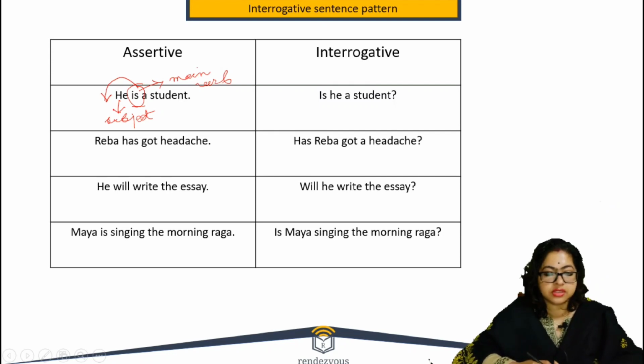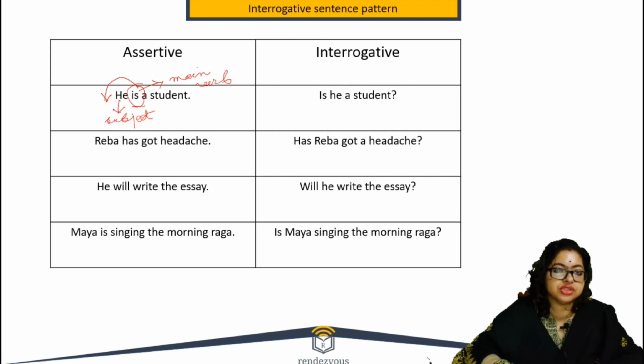and in this case the main verb is be verb. And what are be verbs? Be verbs are am, is, are, was, were. Am, is, or are in the present tense, was, were in the past tense. Past tense singular, was, past tense plural, were.